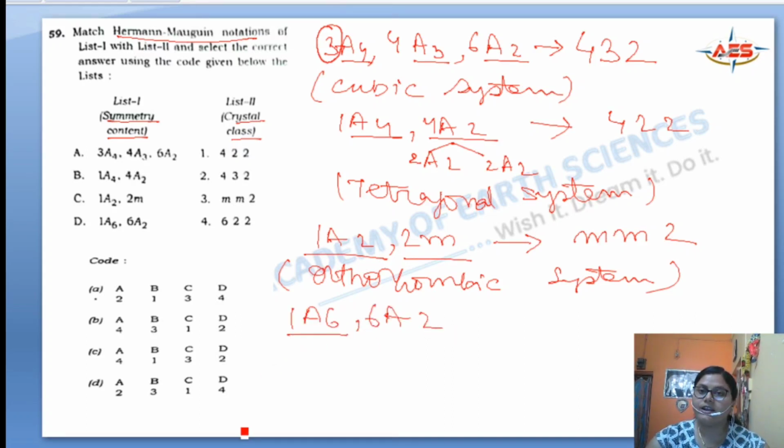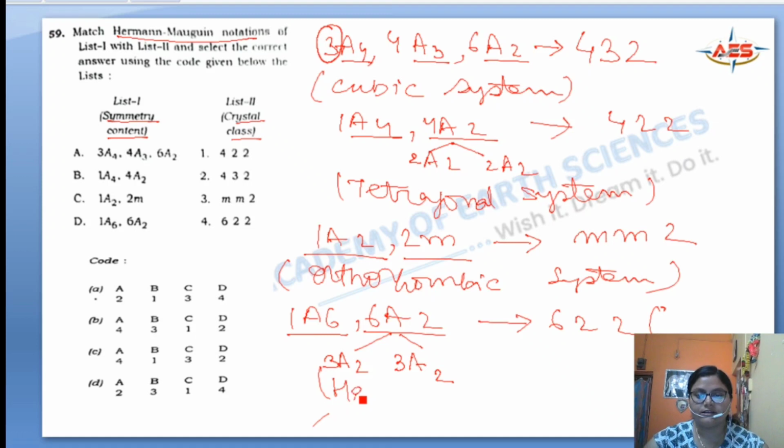Again, one hexad axis and 6 diad axes. They could be divided into two equal parts of 3 diad axes and 3 diad axes. That is 622, belonging to the hexagonal system.